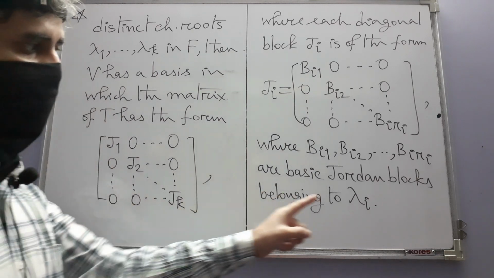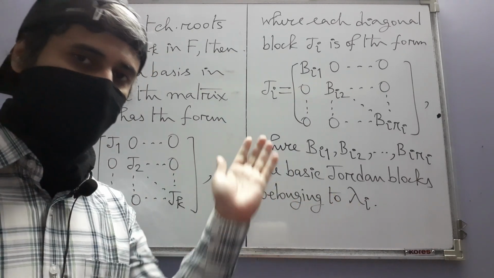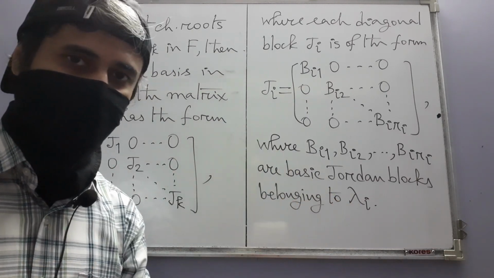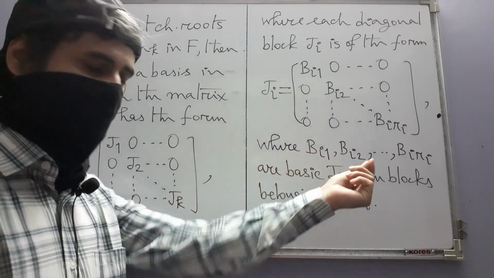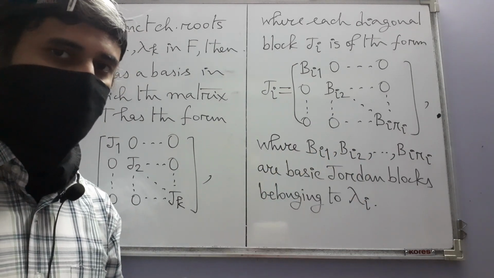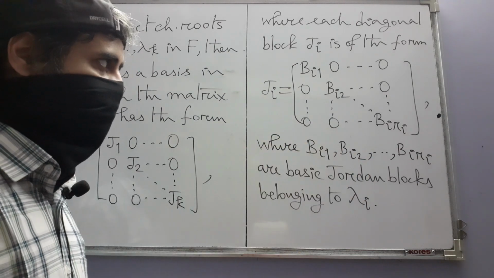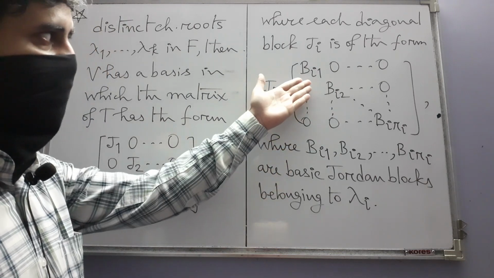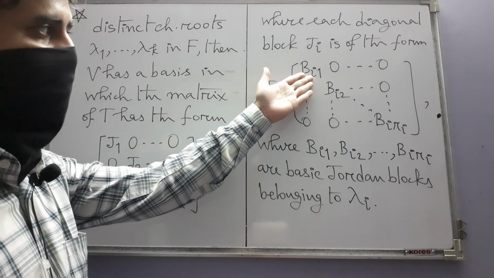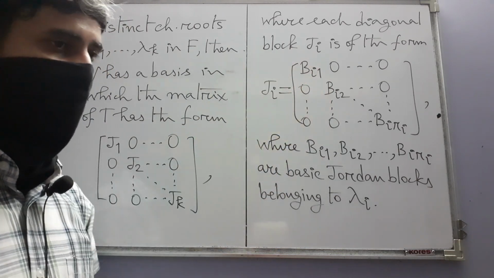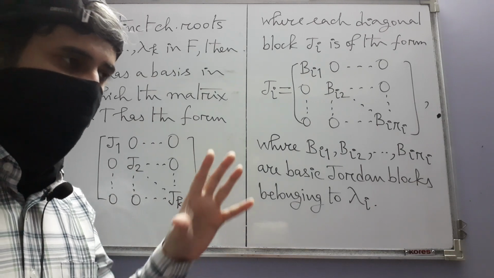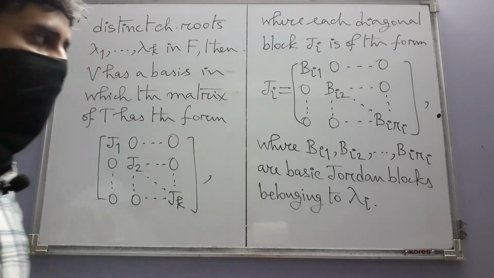All of them have this lambda i on their diagonals, but the sizes may change. Okay, so that's why there may be many. May change means you may have said this is a 1 by 1 Jordan block, this is another 1 by 1 Jordan block. That thing may happen, but the sizes may change also.